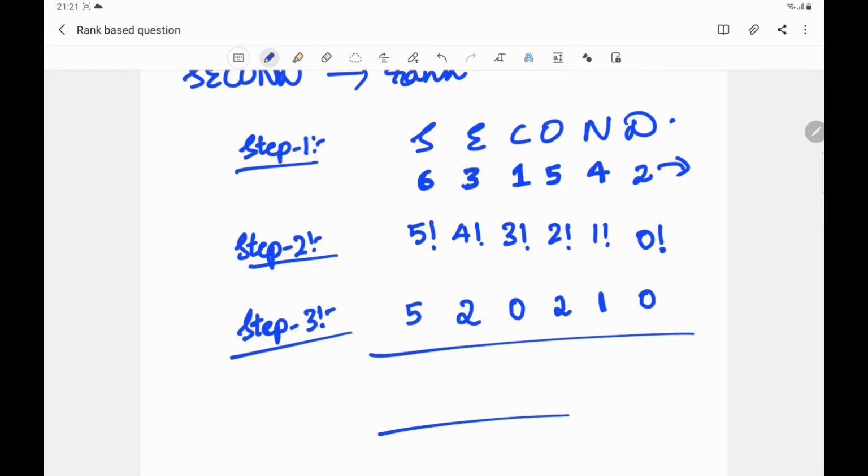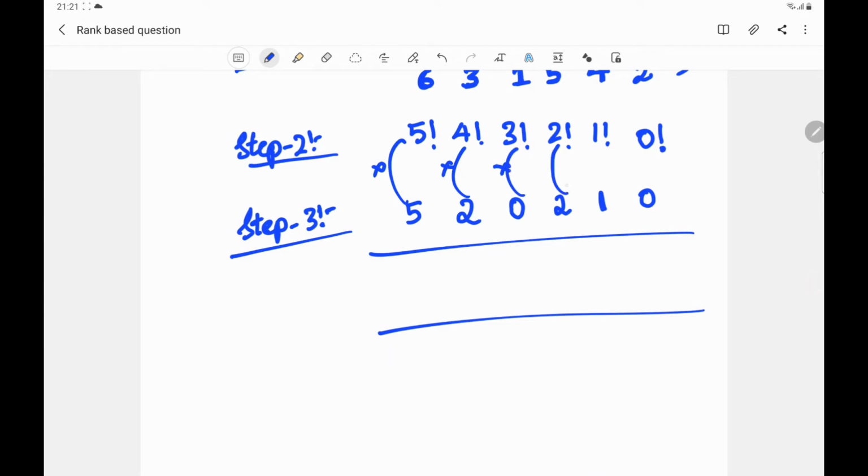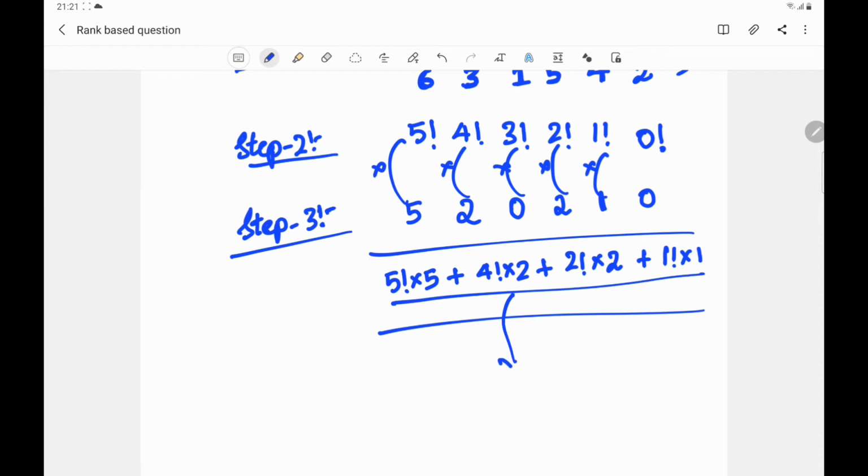Now simply multiply these two and add it. So it is 5 factorial into 5 plus 4 factorial into 2 plus 3 factorial into 0, that's why I'm not writing it, plus 2 factorial into 2 plus 1 factorial into 1. So whatever answer you get here, add 1 to the end, so you will get the final answer.